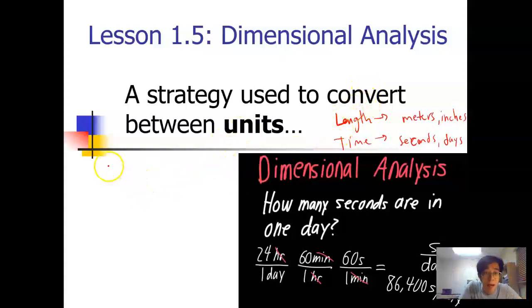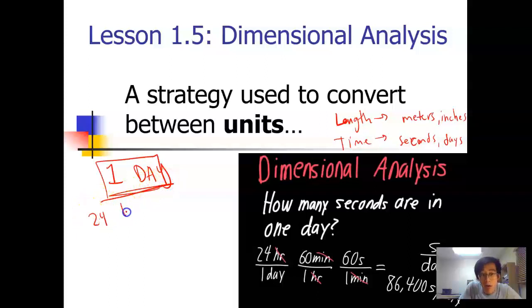So, for example, if I am talking about 1 day, I can say 1 day can be measured in 24 hours, right? And hours is a unit. I could also say that there are 1,440 minutes in 1 day. So minutes is a unit.